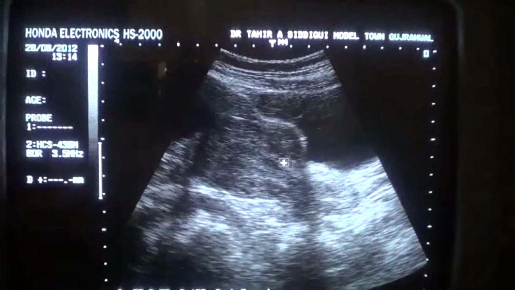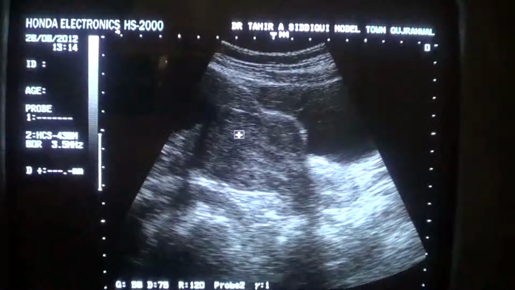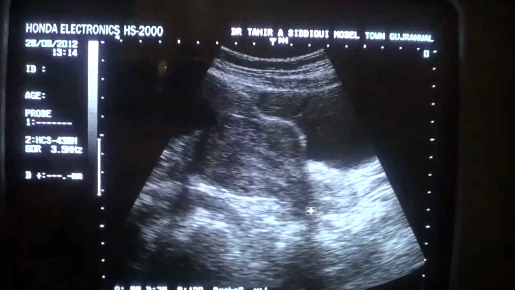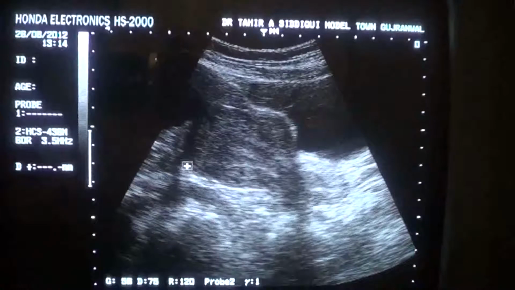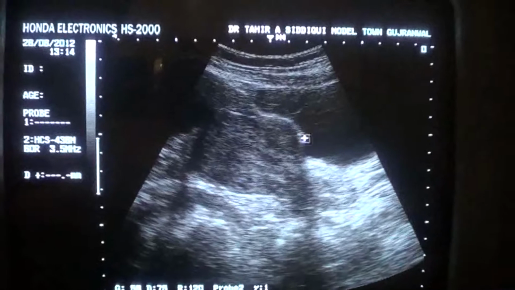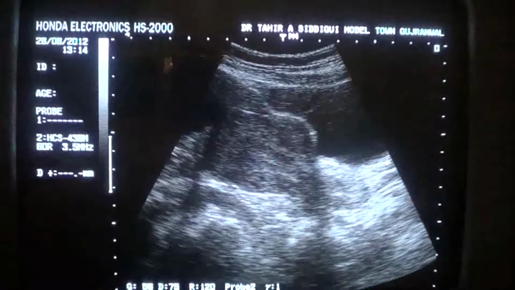So the outer border of the uterus is this one, where I am moving the cursor. This is the posterior border. This is the fundus. Here the anterior border is elevated, and here it is.